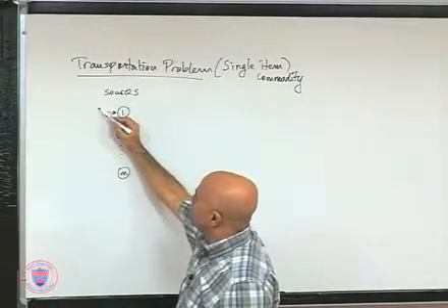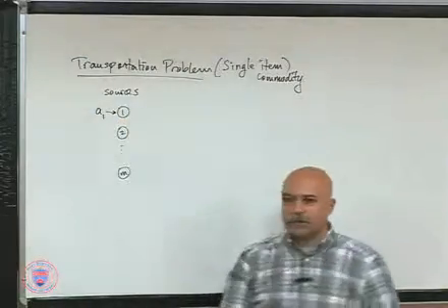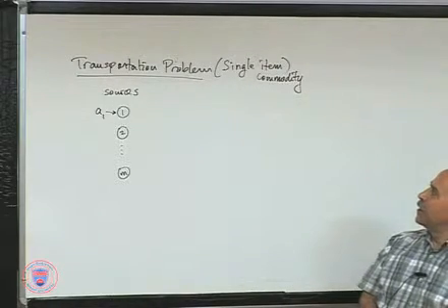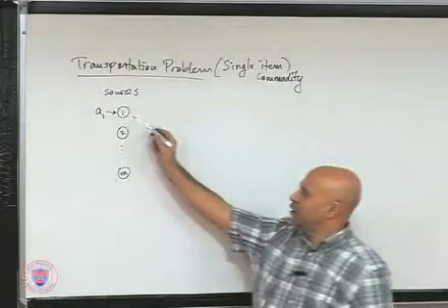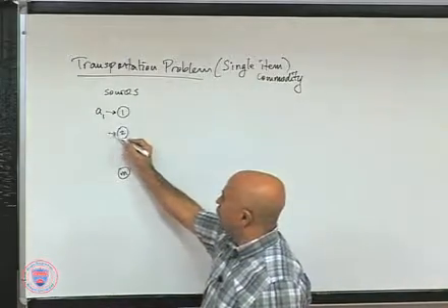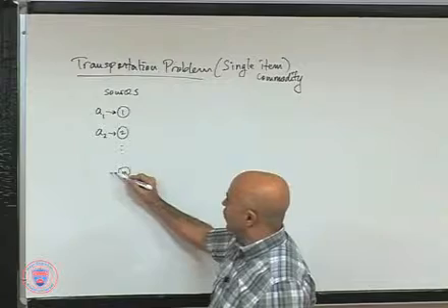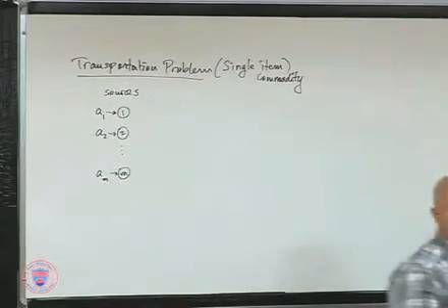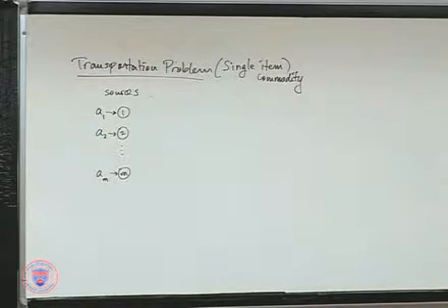And I'm going to assume I have A1 units of available units of the commodity under consideration in the first one, A2 units in the second one, AM units in the last one. These AIs are given numbers, okay? Supplies.